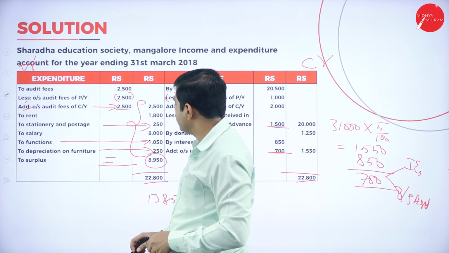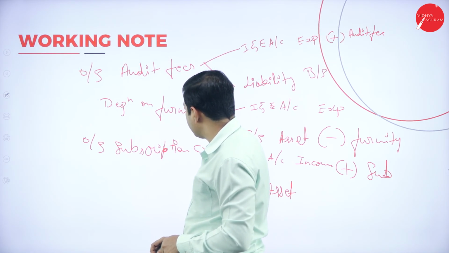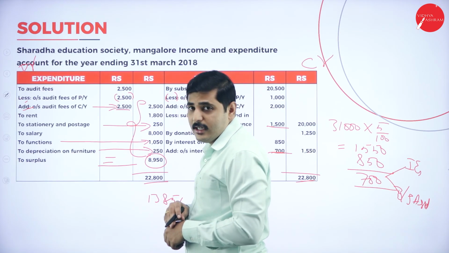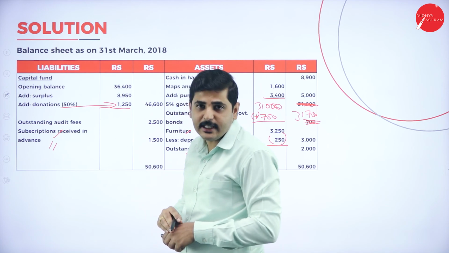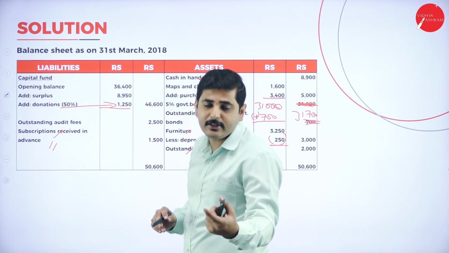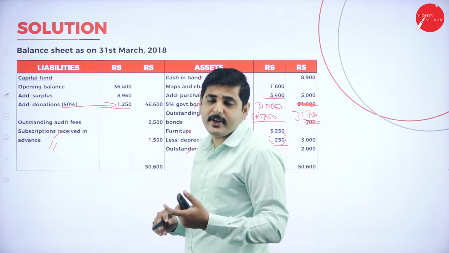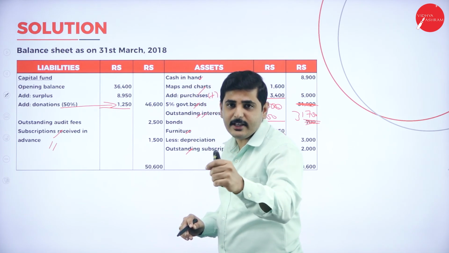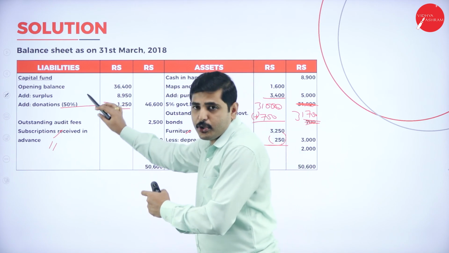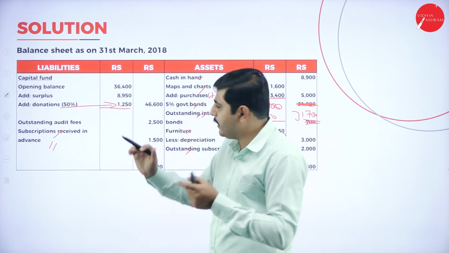Add the surplus, 8,950, from the income and expenditure account. Again add donation, 50% capitalized. If a legacy or donation is capitalized at 100%, show the full amount; if 50% is capitalized, show half of the amount.